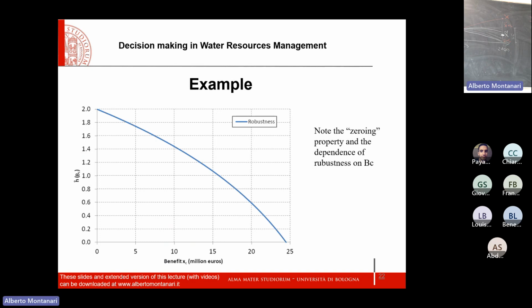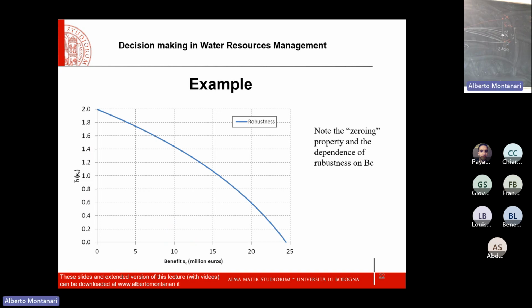Now, let's try to elaborate the interpretation of this figure because it's not difficult. Here you see, just look at the horizontal axis as the critical benefit. And let's suppose that you want a critical benefit that is very high, like 24 here. The critical benefit, if it is very high, it must correspond to a limited value of uncertainty, correct?